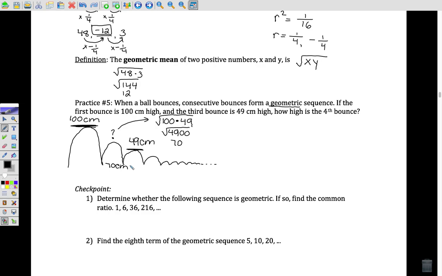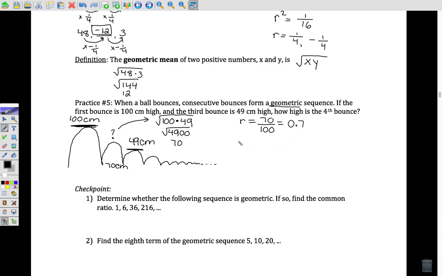Now to find all the consecutive bounces after this, I need to know what the common ratio is. So far, I haven't had to find that. But to find the common ratio, you just take any term and divide it by the term before it. So 70 over 100 should give me what the common ratio is.